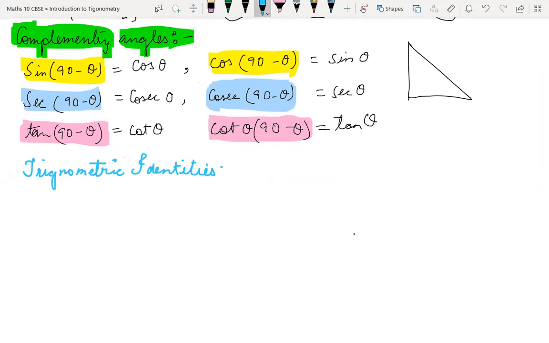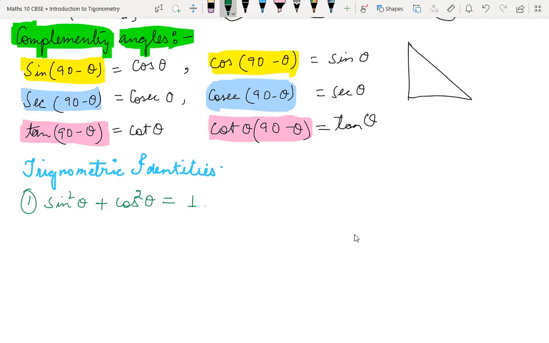The first identity is sin square theta plus cos square theta is equal to 1. If you take any angle, say sine square 30 degree plus cos square 30 degree, you will get the value as 1.